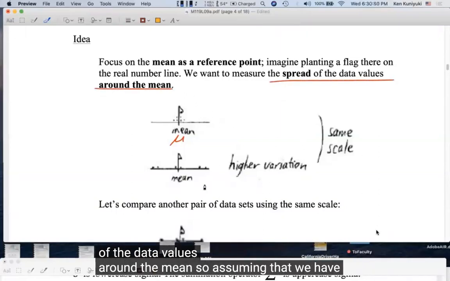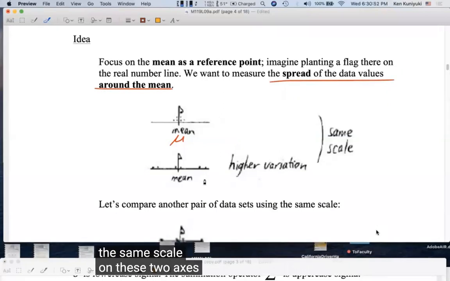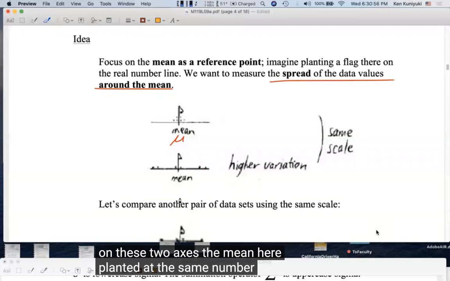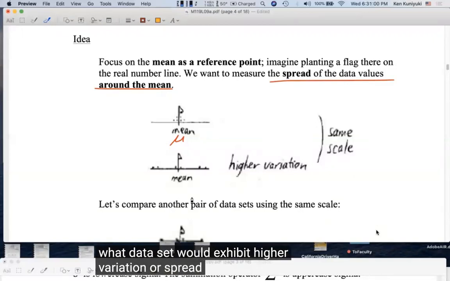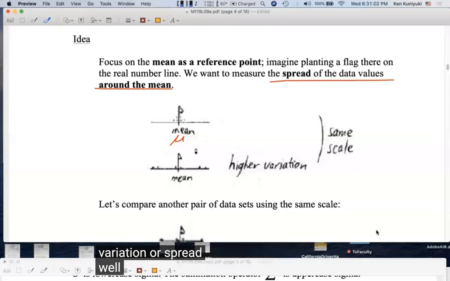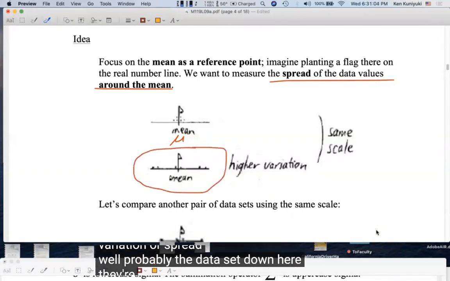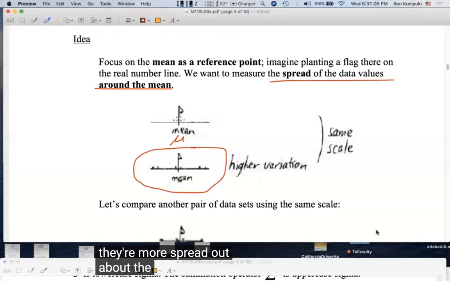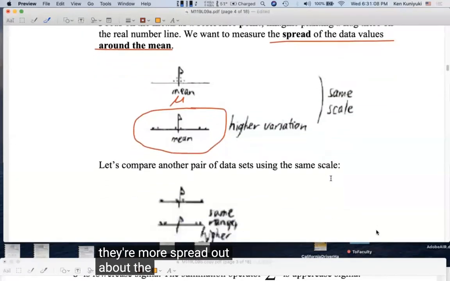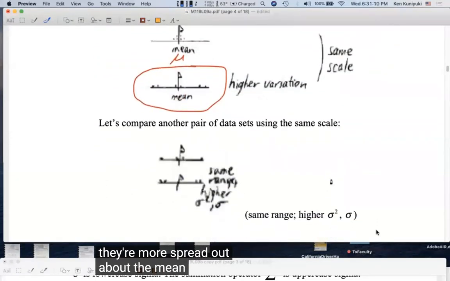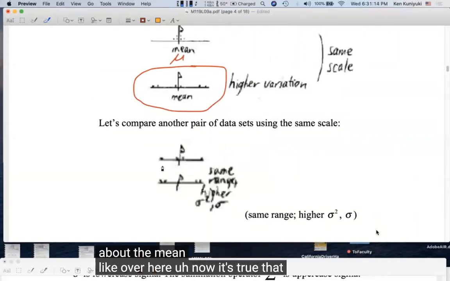So assuming that we have the same scale on these two axes, the mean here planted at the same number, what data set would exhibit higher variation or spread? Well, probably the data set down here. They're more spread out about the mean.